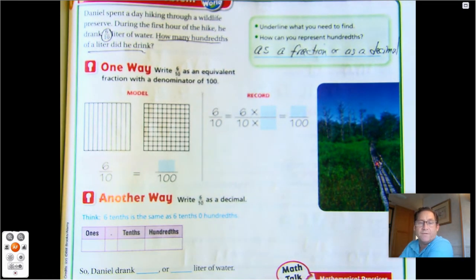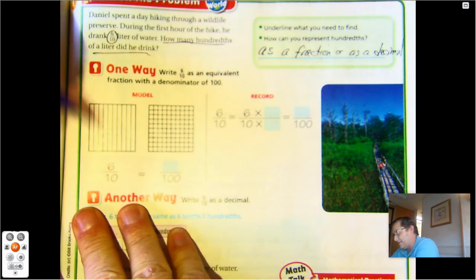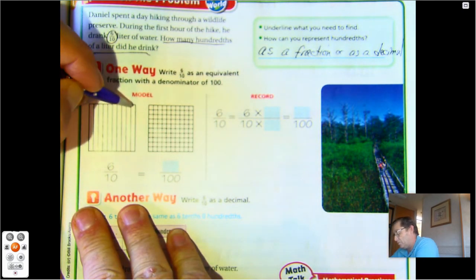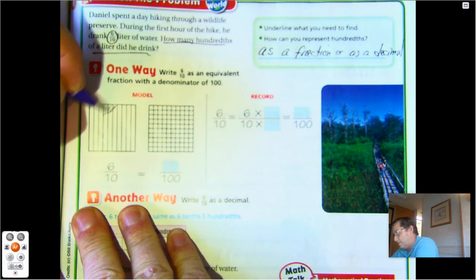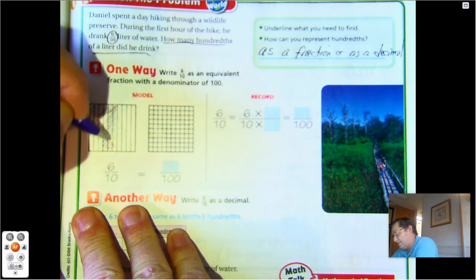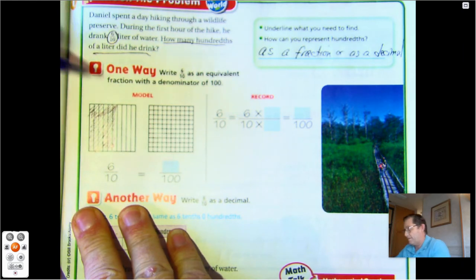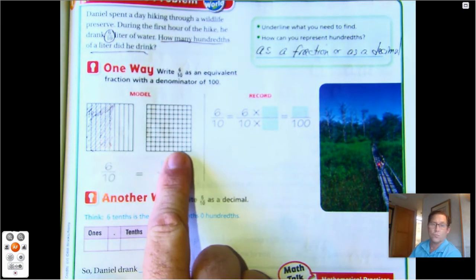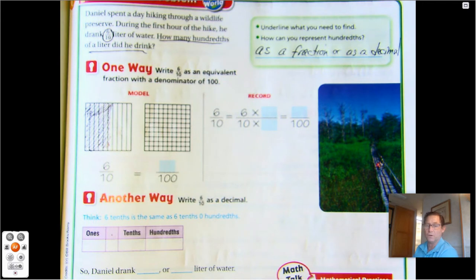Well, one way we can write 6/10 is as an equivalent fraction with the denominator of 100. So first, let's show 6/10. So 1, 2, 3, 4. We would shade 6/10, and then 100 is just 10 times more, right?